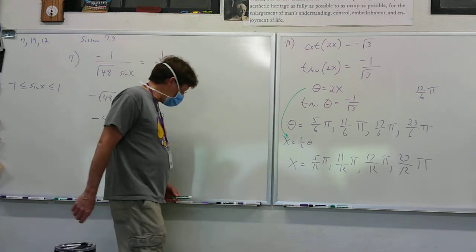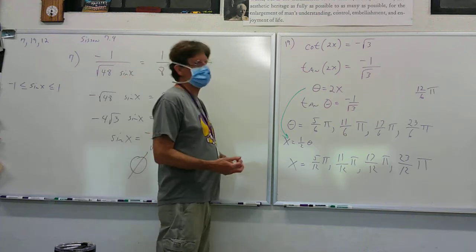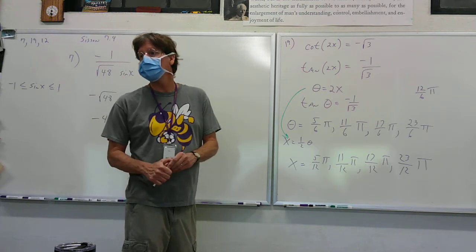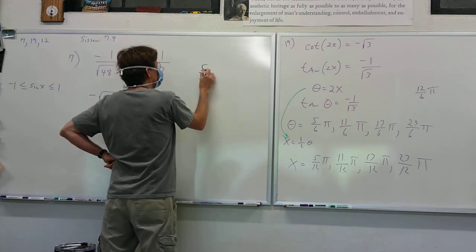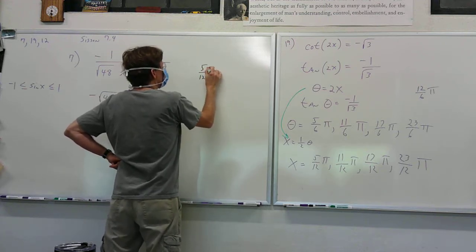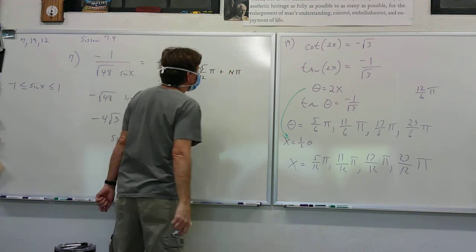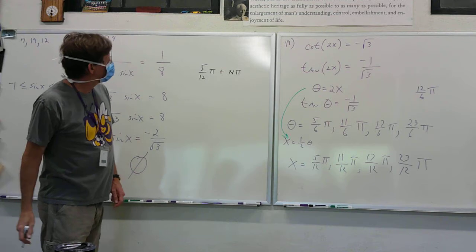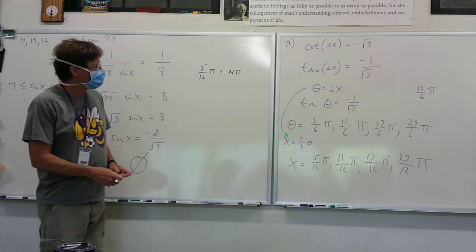All right, now, someone says, Mr. Evans, I looked in the back of the Sisson book, and that's not what the answer is. He said the answer is this. All right. What did you add?